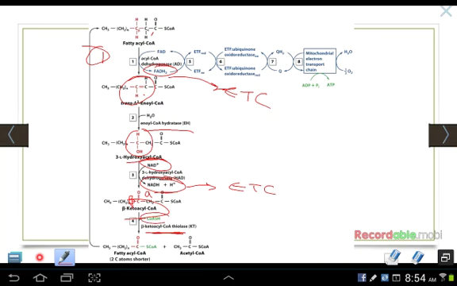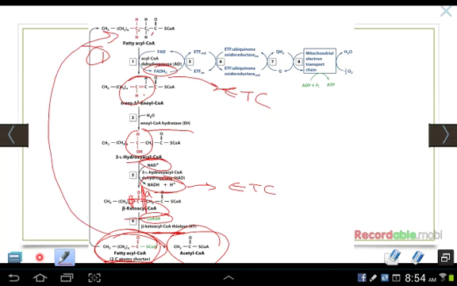So by adding another coenzyme A, with this enzyme, we're going to cleave between the alpha and beta in order to make fatty acyl-CoA and an acetyl-CoA. All right, so this fatty acyl-CoA is 2 carbon atoms shorter than what we started with.